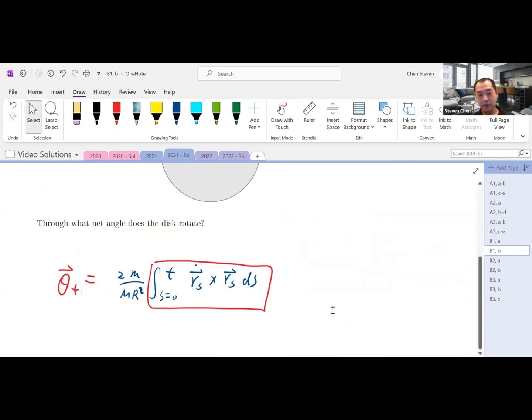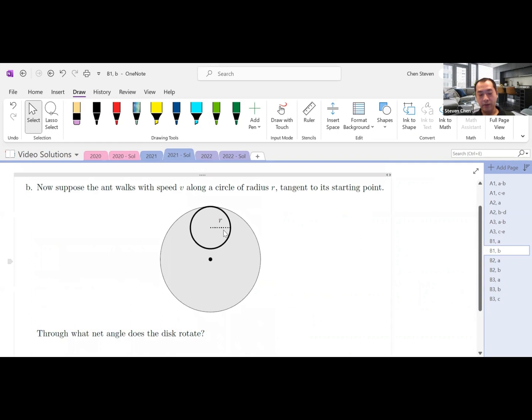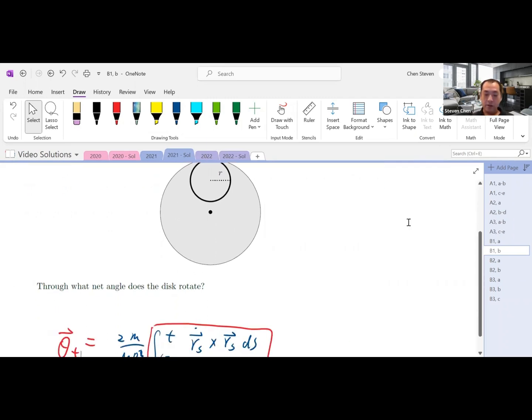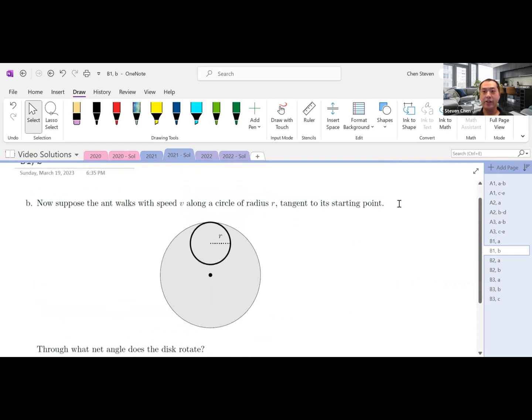So we have to find out the value of this integral for this new path. So the new path is a circle, right? So how to do it? Well, we have to exploit its feature.